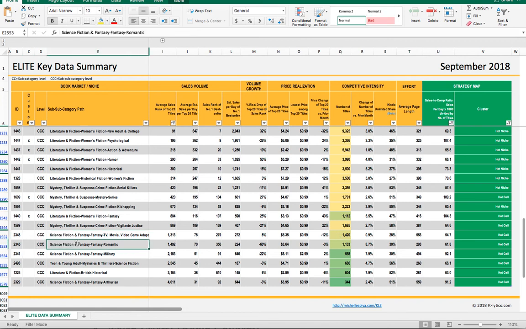All right, so we've got science fiction, romantic, interested in that. We've got military, science fiction, fantasy, military, which is strong. And if you can see, it has only got 558 titles in it. And the rest of these are pretty good too. So let's see, I've got teen and young adult, MTS.